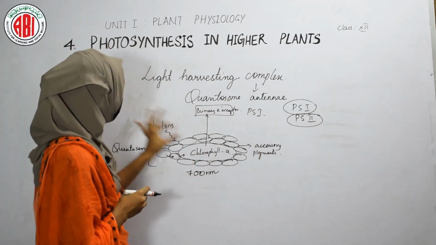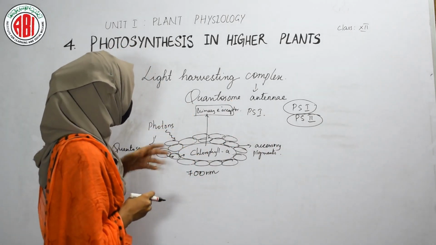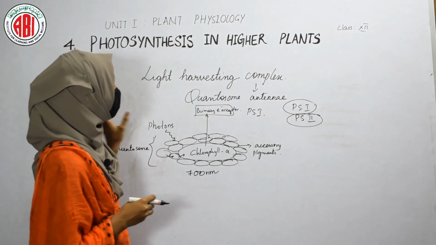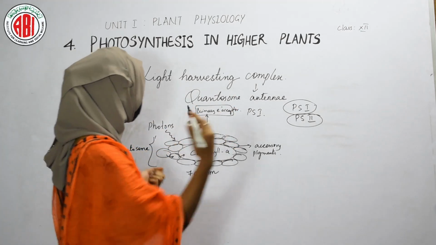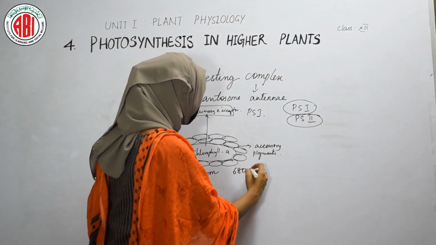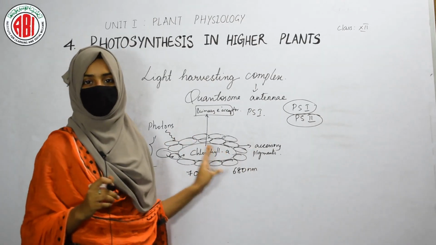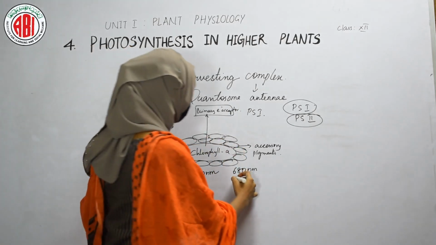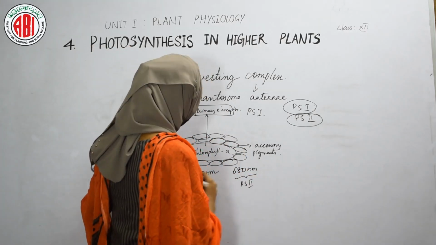If the chlorophyll A pigment absorbs the wavelength of 700 nanometer, then it is said to be photosystem 1, and if it absorbs the wavelength of 680 nanometer, then it is said to be photosystem 2. This is the major difference between photosystem 1 and photosystem 2.